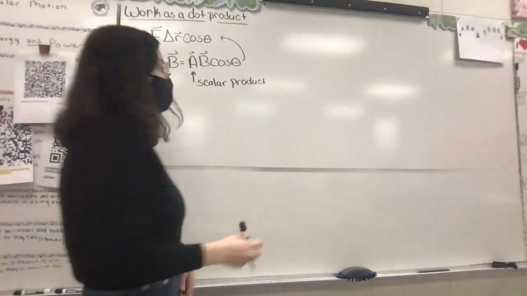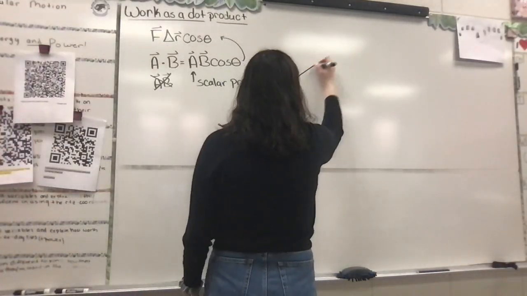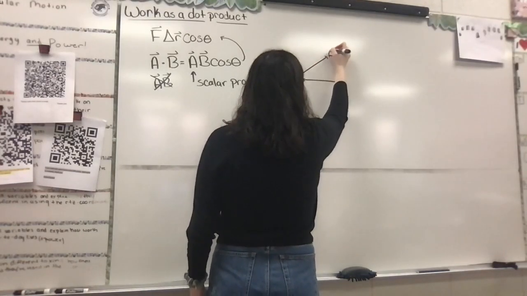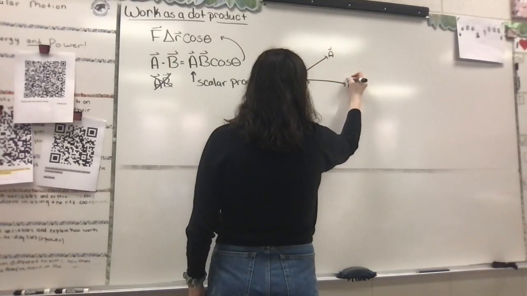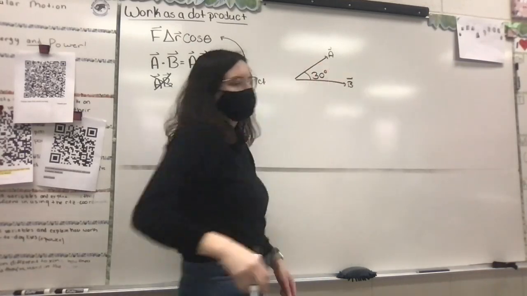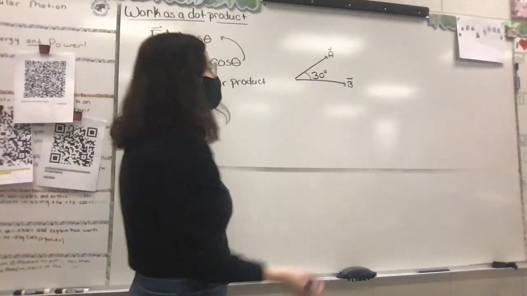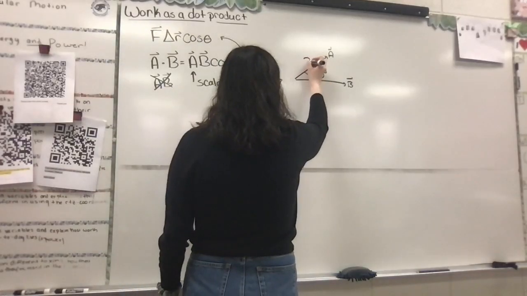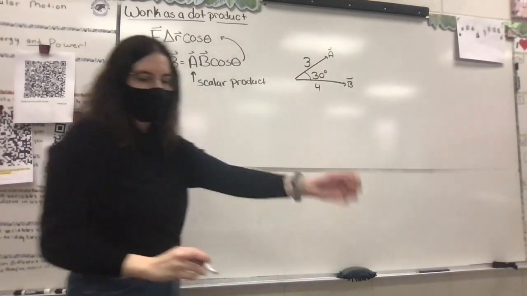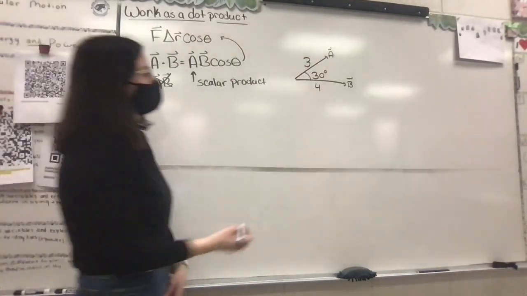So let's say we have vectors A and B, and they have an angle of 30 degrees between them. Vector A has a magnitude of 3, and vector B has a magnitude of 4.